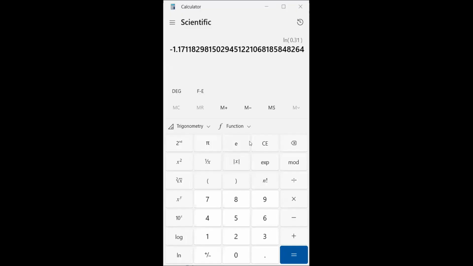Natural logarithm of 3 over natural logarithm of 2 is about 1.585. And with the decimal logarithm, logarithm of 3 over logarithm of 2 is the same answer, approximately 1.585.